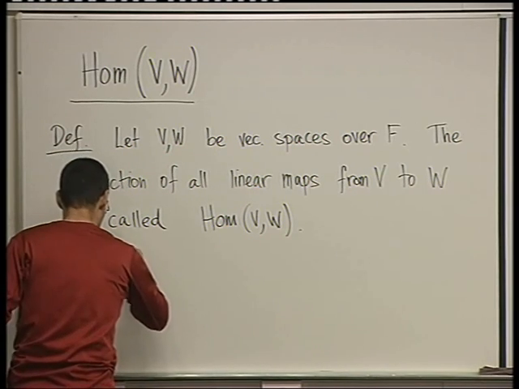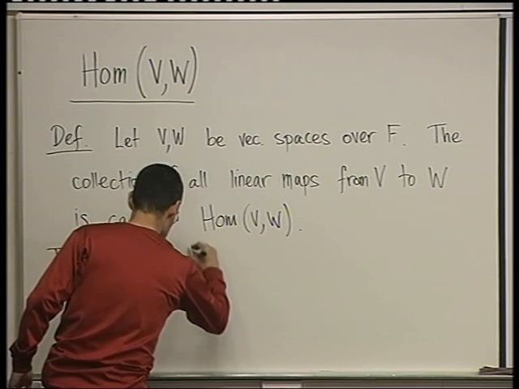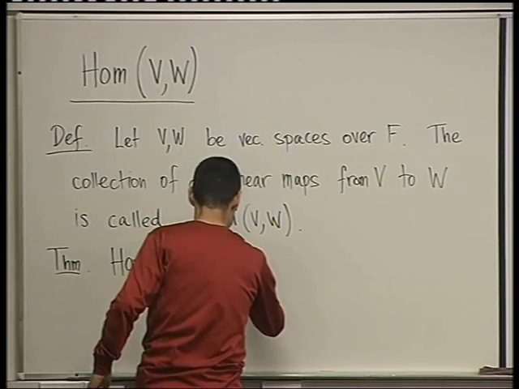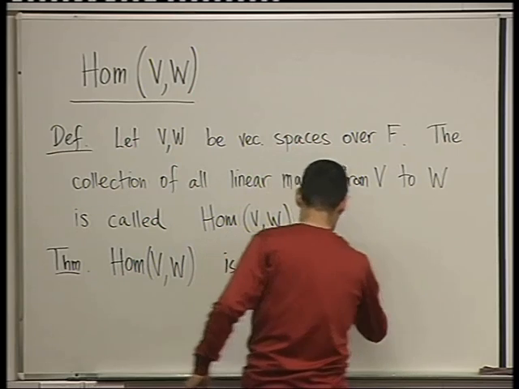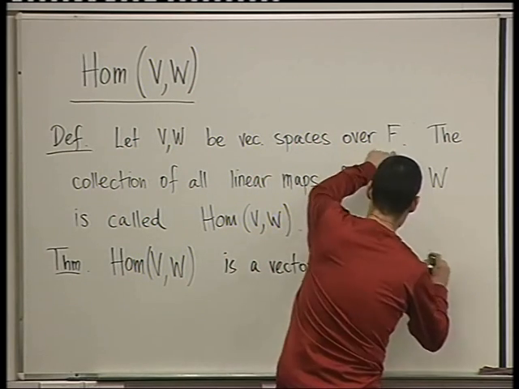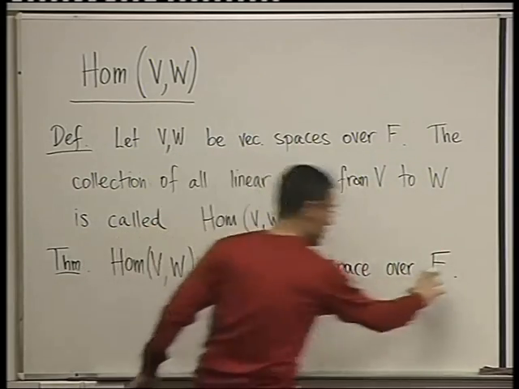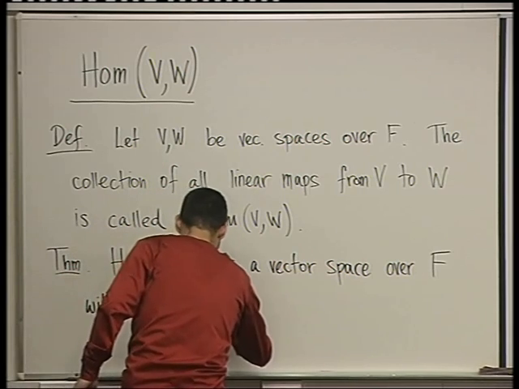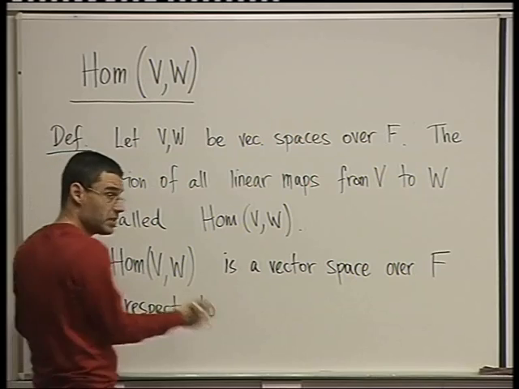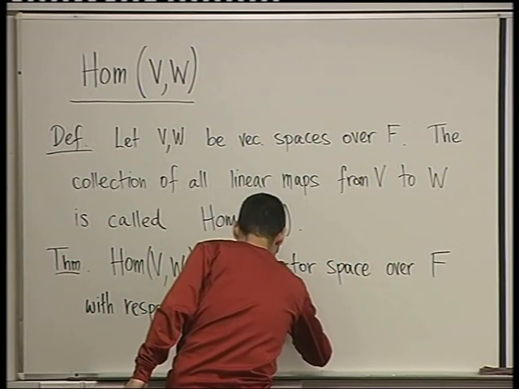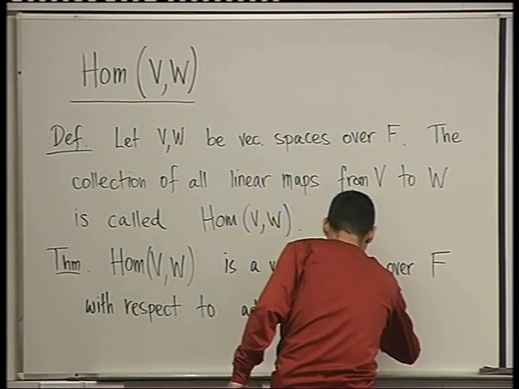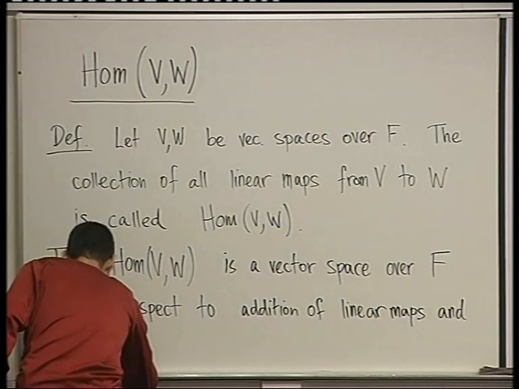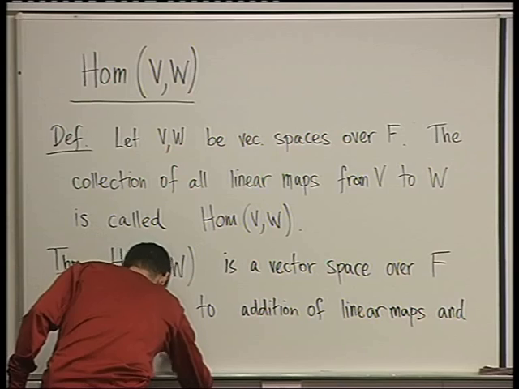So let's write that. Hom(V, W), the set of all linear transformations from V to W, is not just a set, it's a vector space over this field F, with respect to addition of linear maps and scalar multiplication of linear maps.